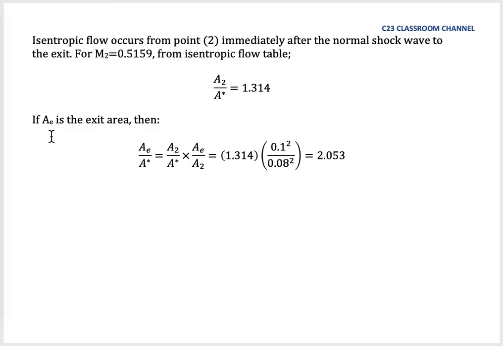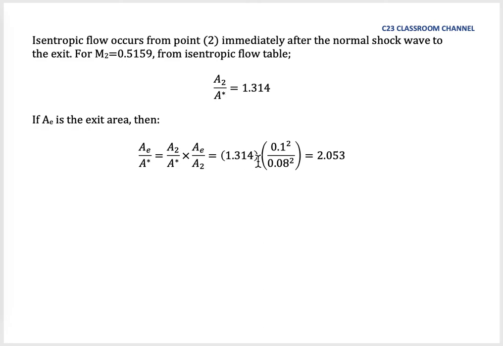For the area at exit AE, we can calculate AE over A star is equal to A2 over A star times AE over A2. So we can cancel the value of A2 here. Finally, we can get AE over A star.